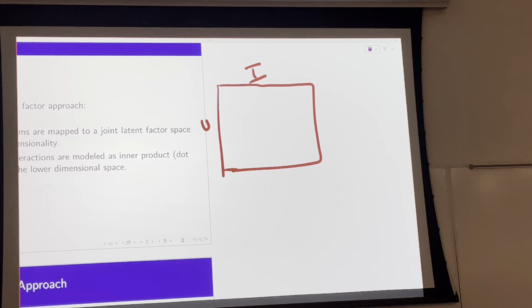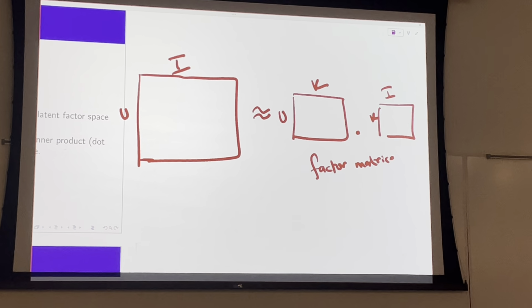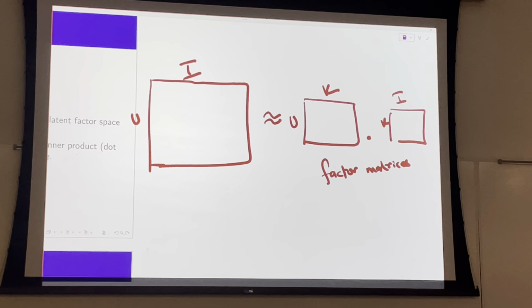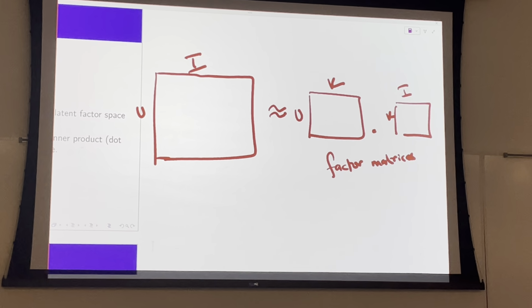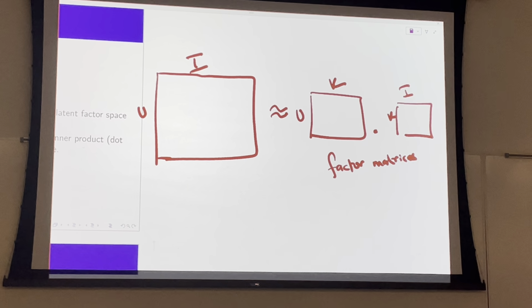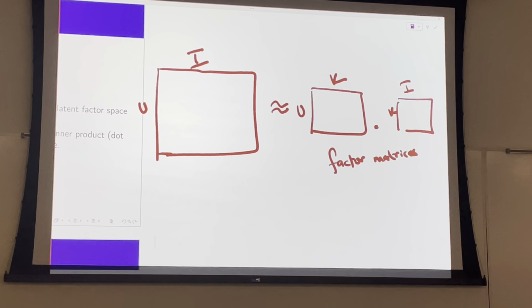These are called factor matrices, and these tell you about the preferences of user and item. This is currently the most popular approach, which is called matrix factorization approach. Now there are two ways in which you can factorize this matrix.